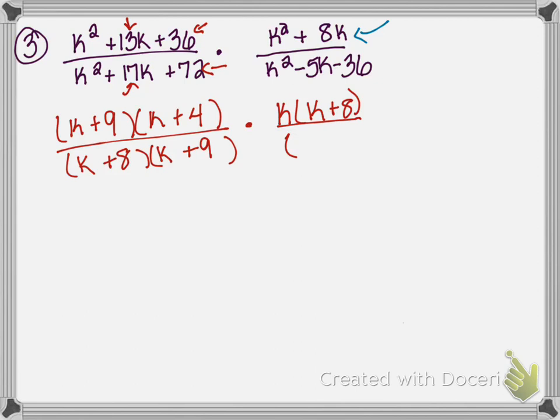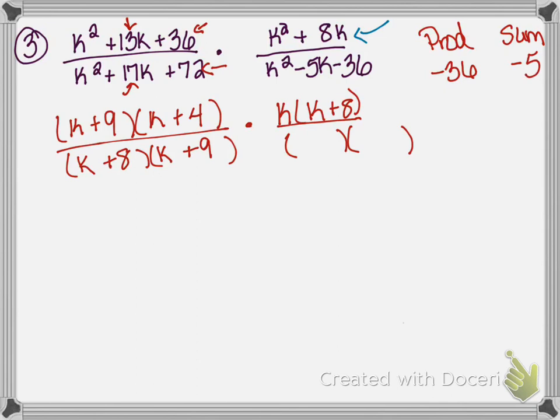Now, the trinomial on the bottom is a little trickier. We've had some pretty straightforward trinomials, but this one's a little bit trickier. Our product is negative. When our product is negative, that means one of the numbers has to be negative. One positive and one negative.